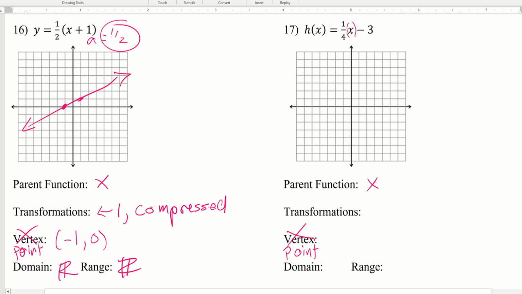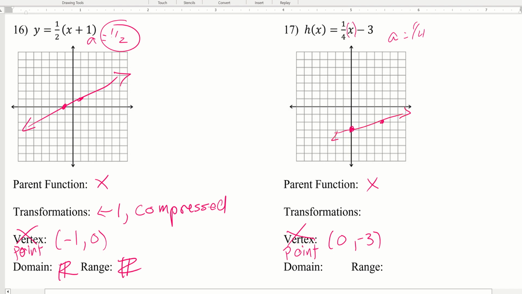Okay, so the point is at, no, we don't have an h, and our k is -3. So 0, -3. Okay, and now my a value is equal to 1/4. Okay, so rise 1, go over 4. 1, 2, 3. Okay.